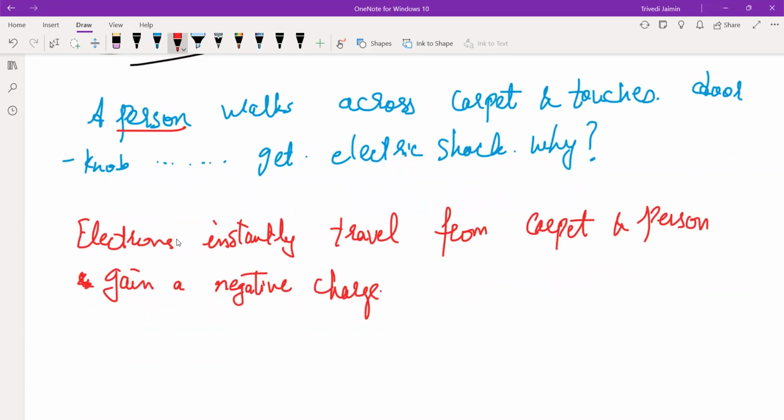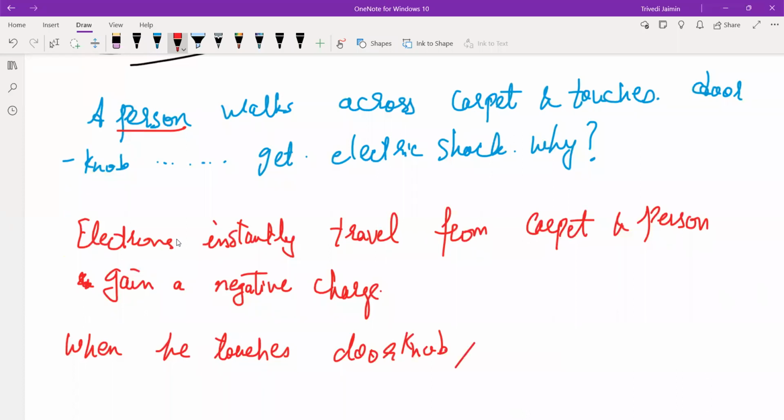Then when he touched the doorknob, what will happen now? The electrons will transfer from the person to the doorknob. Exactly, instantly this thing happens.